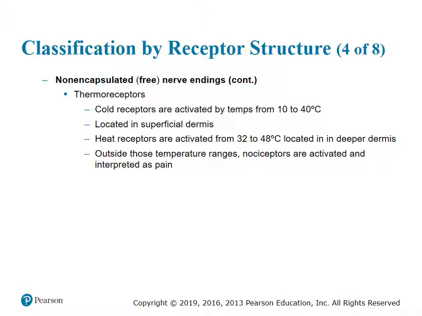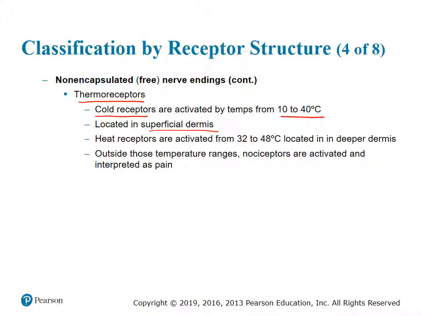Like this one, that's a free nerve ending. That's a thermoreceptor. These sensors will sense cold in this range here. They're found in the dermis and actually in the papillary layer.